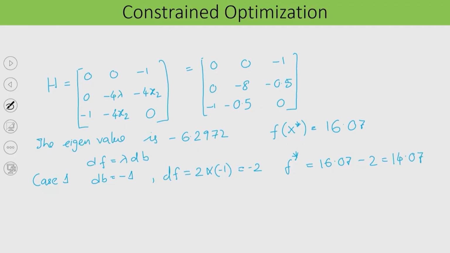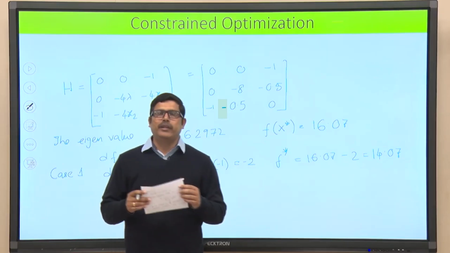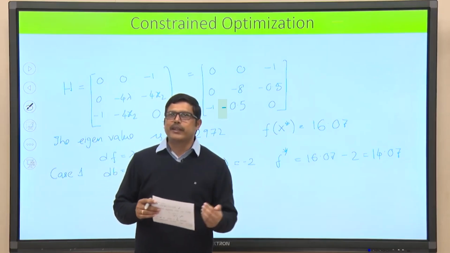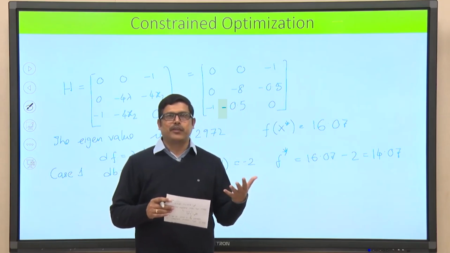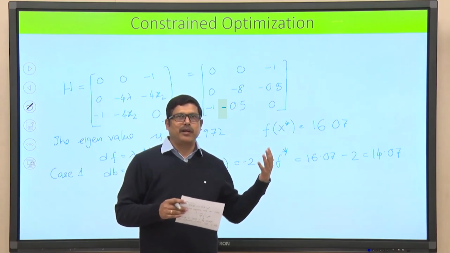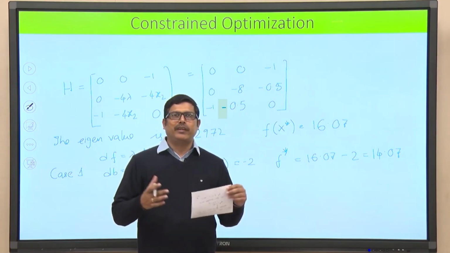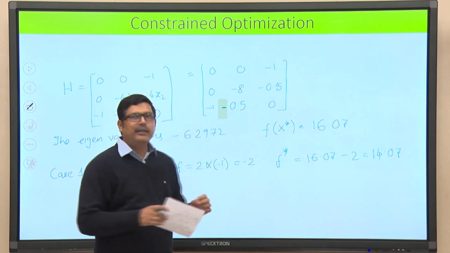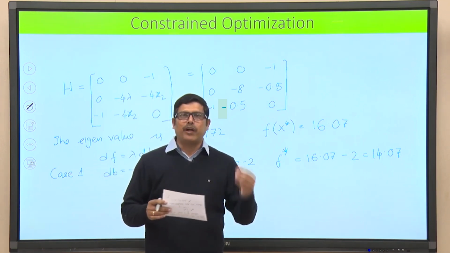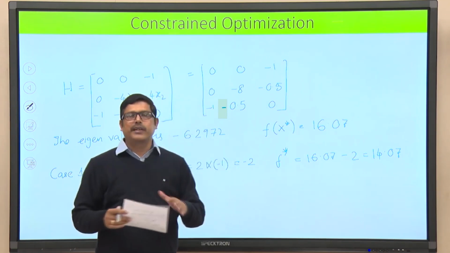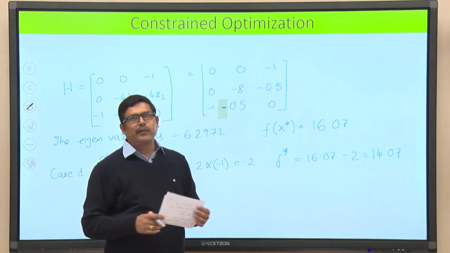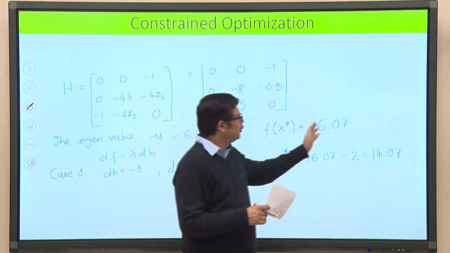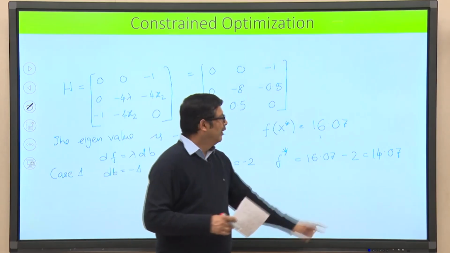What does it mean? If you tighten that constraint, lambda is positive and the problem is a maximization problem. So if we tighten the constraint by 1 unit, the corresponding change in the objective function will be 2 units. We get a new objective function value which is lower, now 14.07.